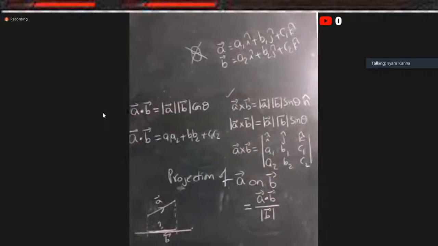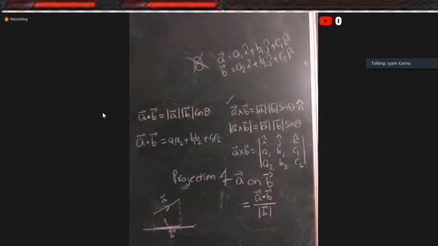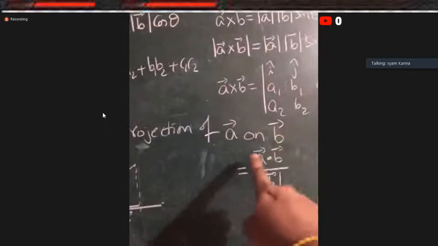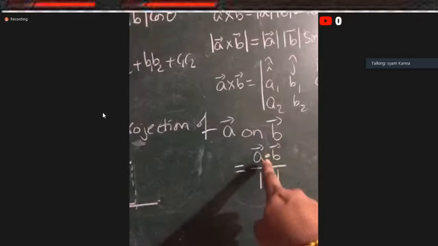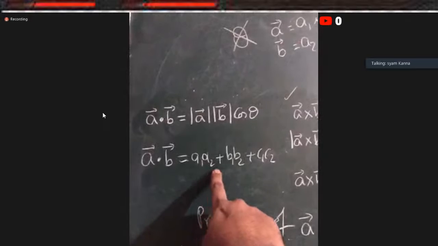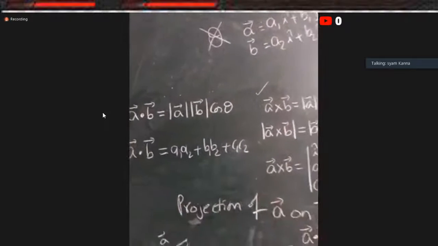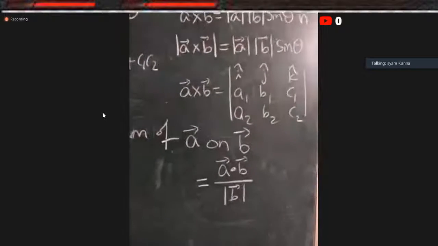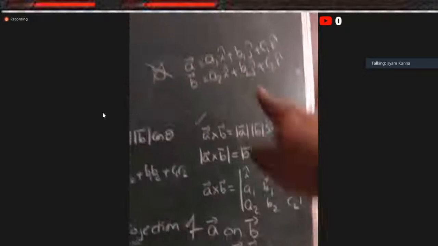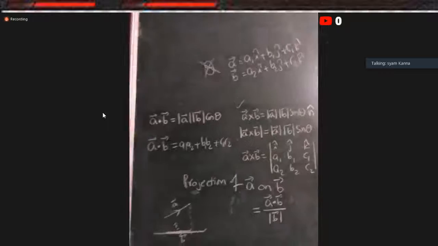So the dot product, A1 A2 plus B1 B2 plus C1 C2, will be in the numerator, divided by the modulus of B bar, the length of B bar. Then you will get the projection.